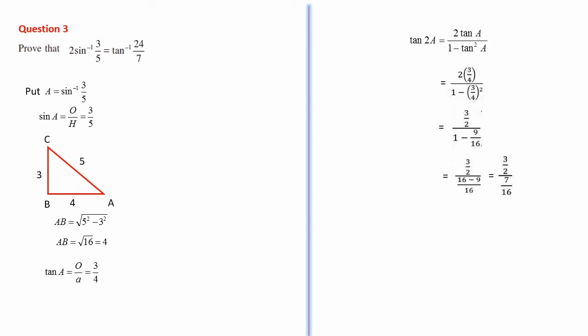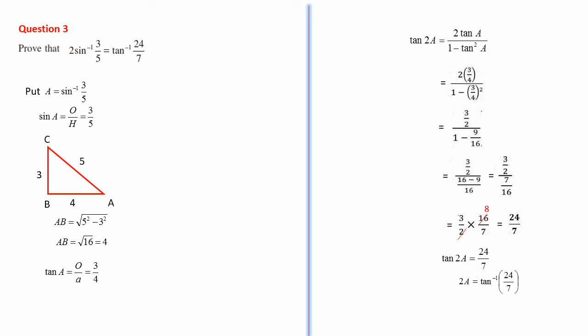That is equal to 3 by 2 divided by 7 by 16. Let's take the reciprocal of the denominator, so 3 by 2 into 16 by 7. Here 2 and 16 we can cancel 8 times. Finally 3 into 8 is 24, denominator is 7, so 24 by 7. That is tan 2A. So we have got tan 2A is equal to 24 by 7.